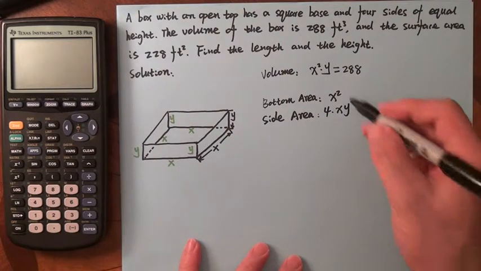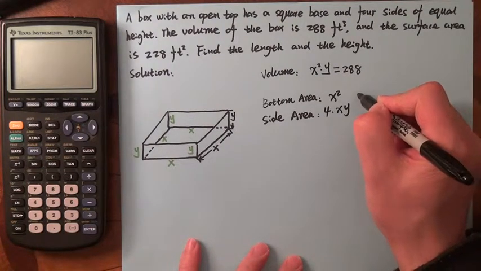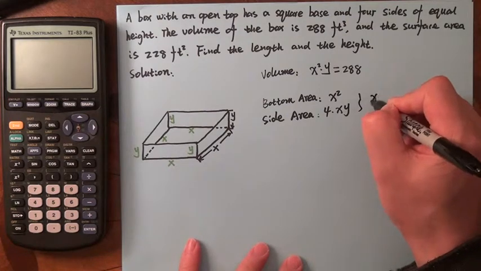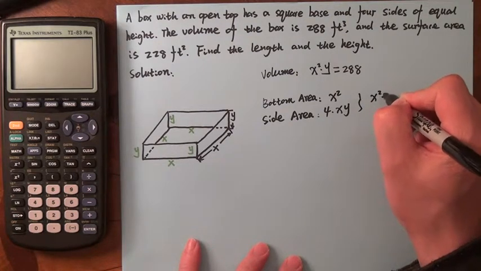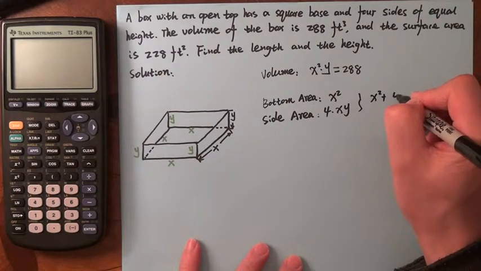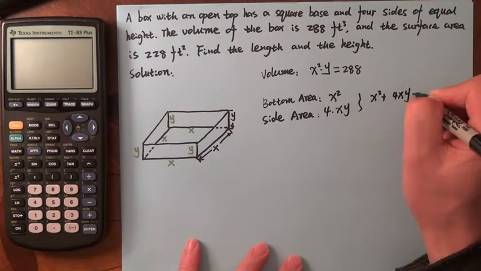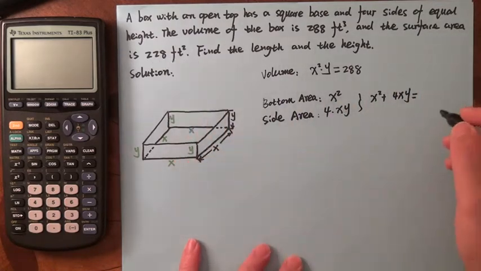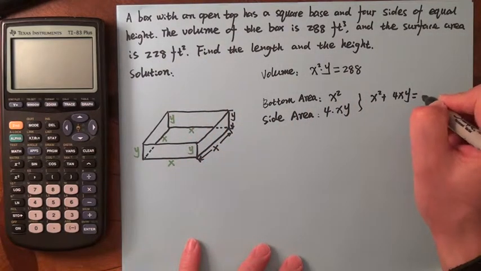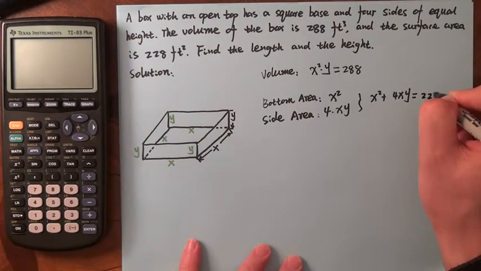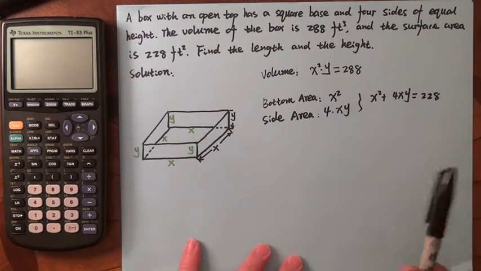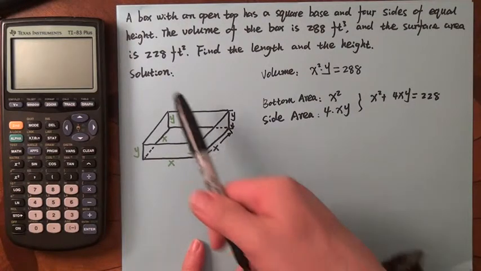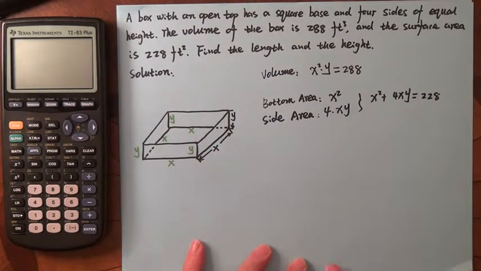Those two together, you add them, you then have x squared plus 4xy. That's the total surface area. So that would give us 228 square feet. Okay, this one.